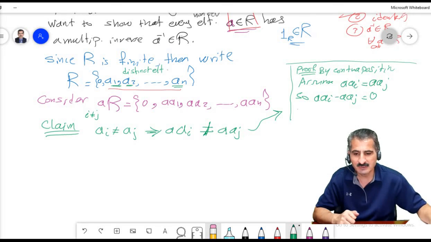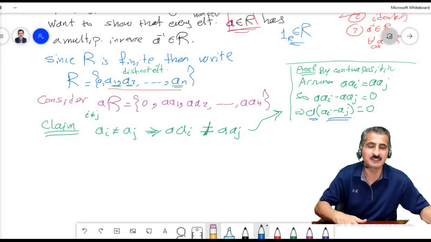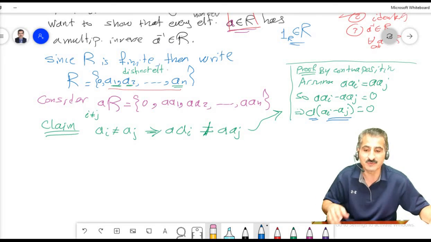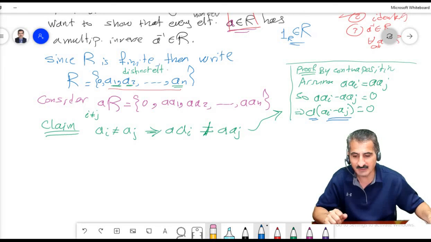And this gives A times (A_i minus A_j) equals 0. But remember we are in an integral domain, and we got a multiplication of two elements being 0. One of them is A and the other is A_i minus A_j.